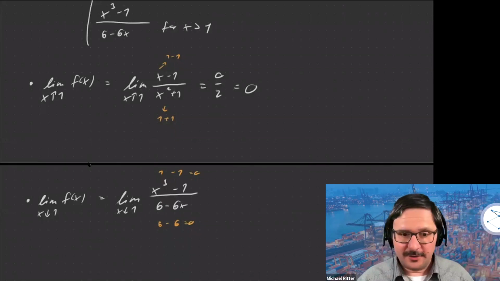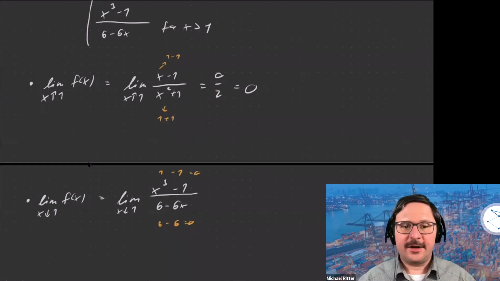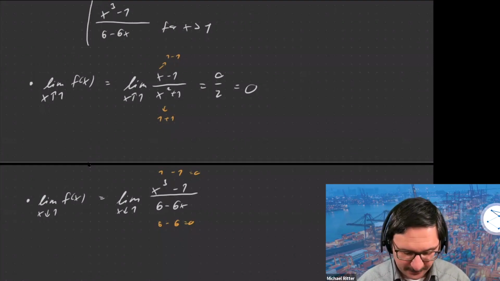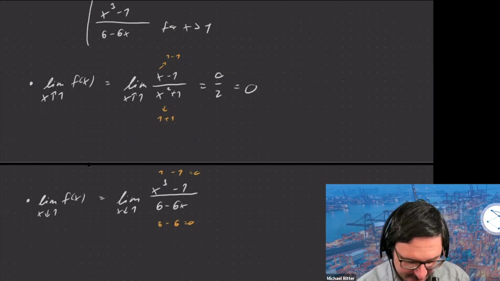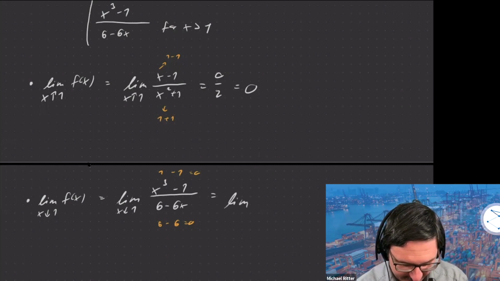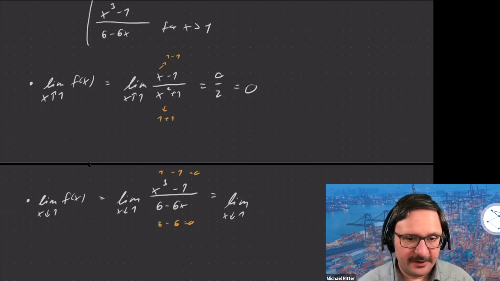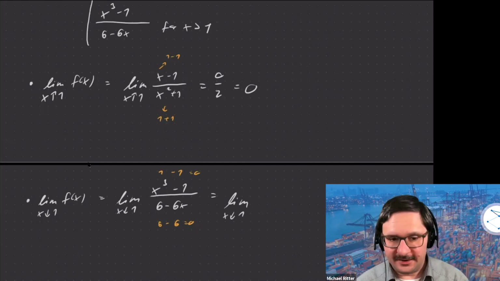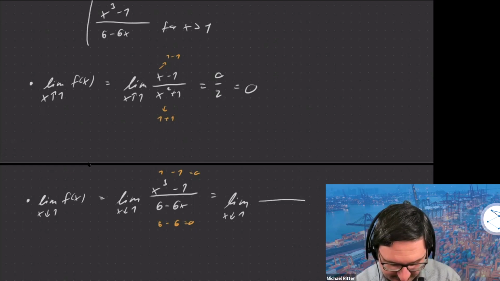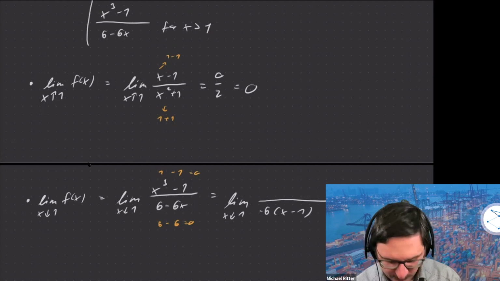And we cannot compute the limit right away, but we can again try to factor out x minus 1. Now for the denominator, that's pretty easy. So let's write that down right away. For the denominator, basically, we just have to factor out minus 6. So here we get minus 6, and then we have x minus 1.